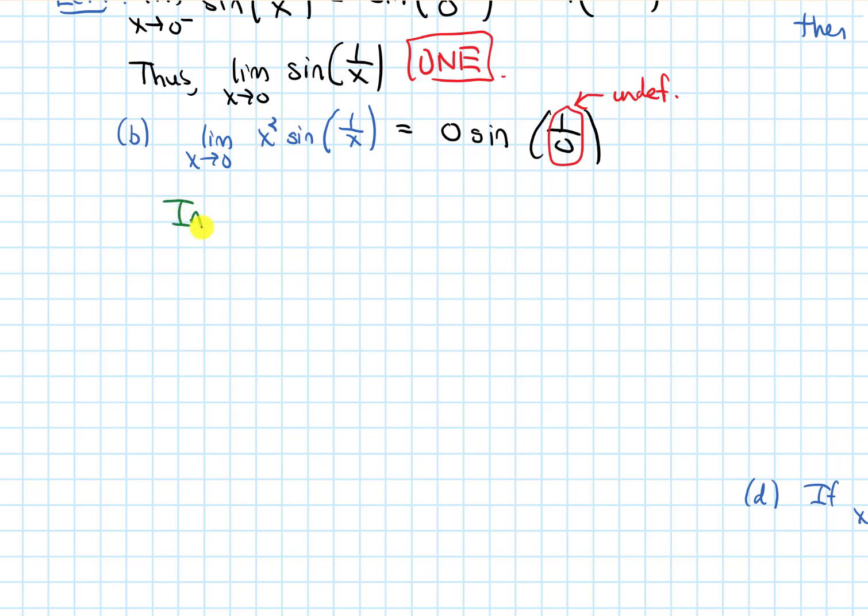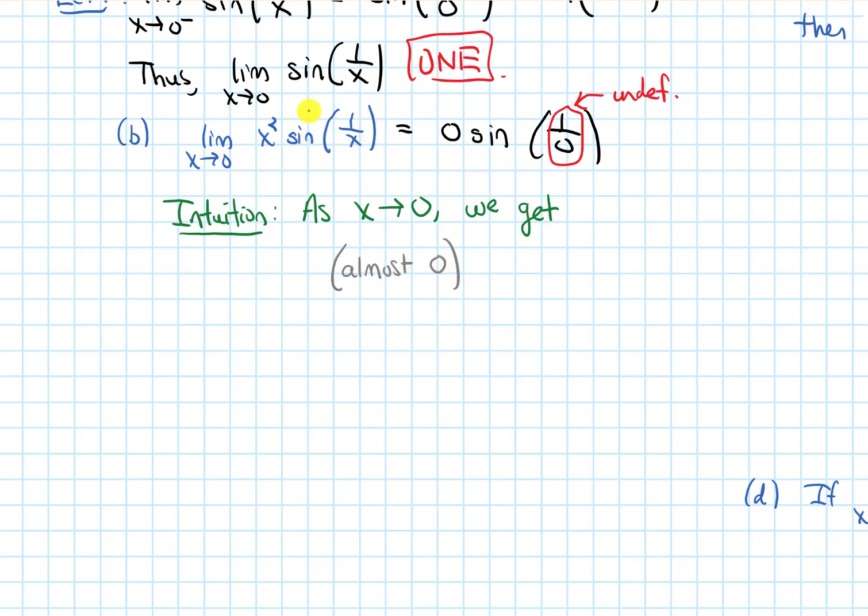So let's talk about some intuition. Okay, so as x approaches 0, as it gets really, really close to 0, the x squared thing is getting really, really close to 0. It is going to be almost 0.